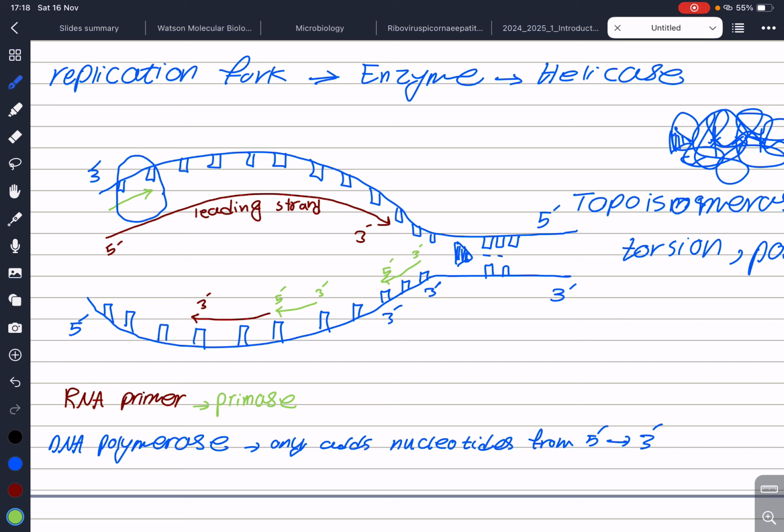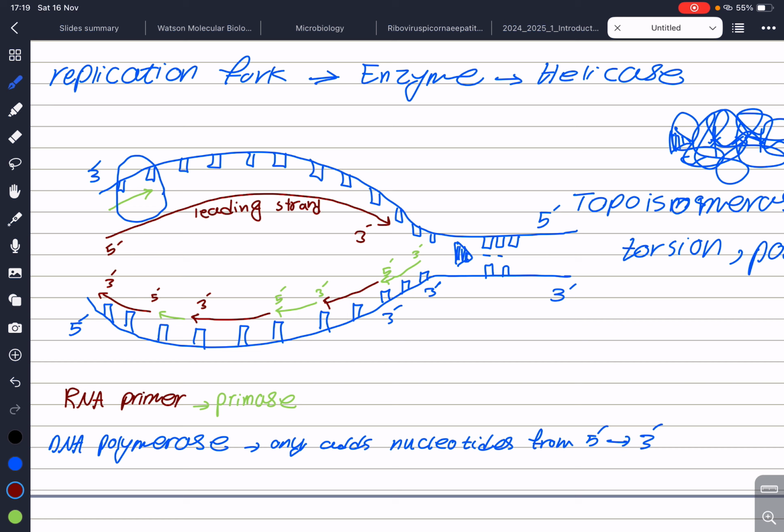Again the DNA polymerase will recognize the 5' and start to add nucleotides from the 5' end to the 3' end. So now it is able to do it, but you see that it's not continuous. Again here it will be like this, 3'.